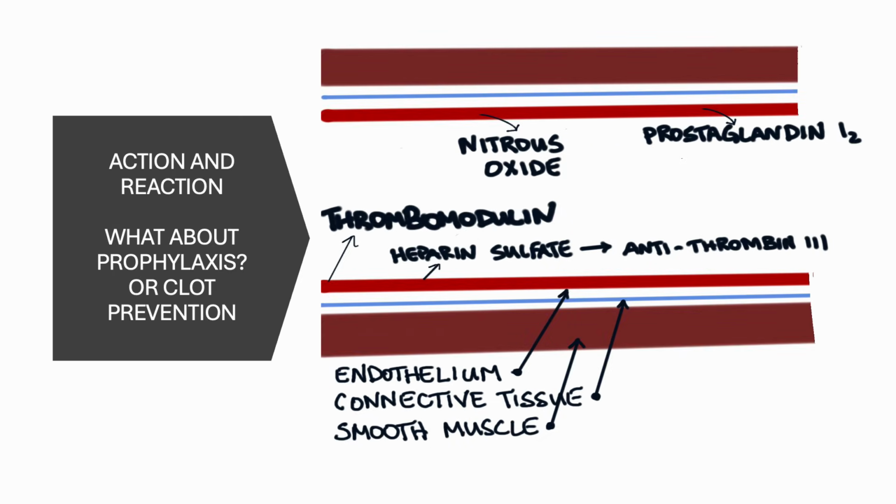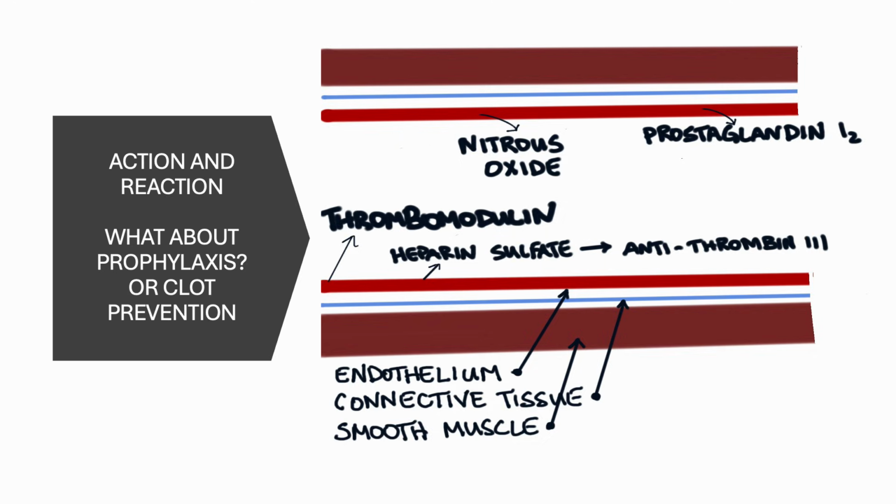We have now reviewed the action and reaction to vessel injury. But with all these clotting factors and platelets constantly circulating, what prevents clot formation on a daily basis? Well, endothelial cells secrete nitric oxide and prostaglandin I2, also known as prostacyclin.